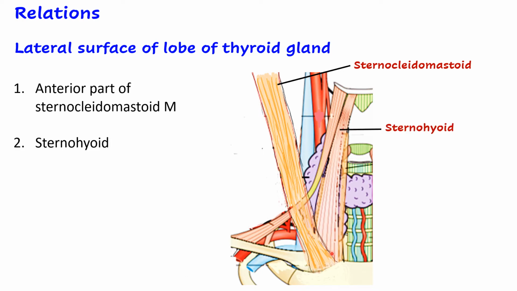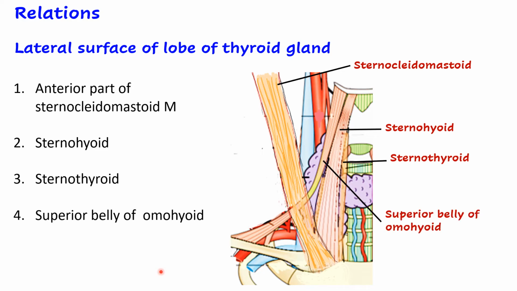This one going from the manubrium sterni till the hyoid is the sternohyoid, and more deep to that, till the oblique line of thyroid cartilage from the manubrium sterni, is the sternothyroid. And the third one is the superior belly of omohyoid, which will be more laterally placed. So these are the 4 muscles.